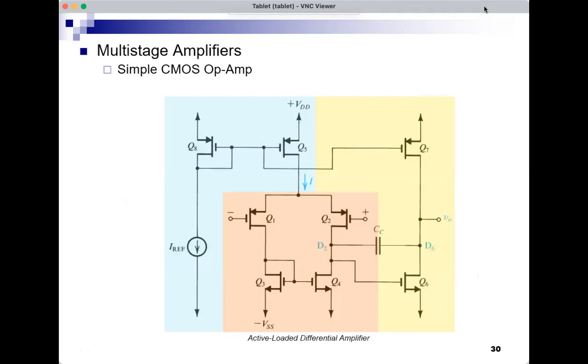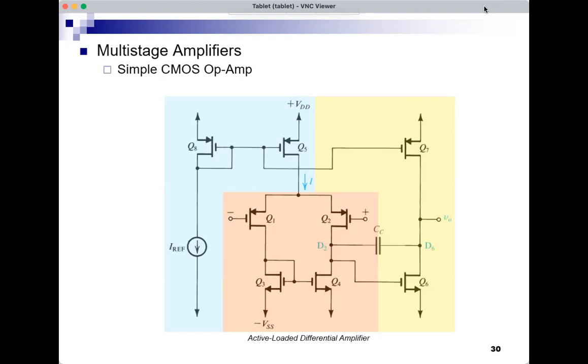If you look now at the orange subcircuit, now we know what this is. It's not exactly the one that we've seen. This is the active loaded differential amplifier MOSFET version, but with the input MOSFETs being P and the active load being N. So it's like an inverted version of the one that we saw.